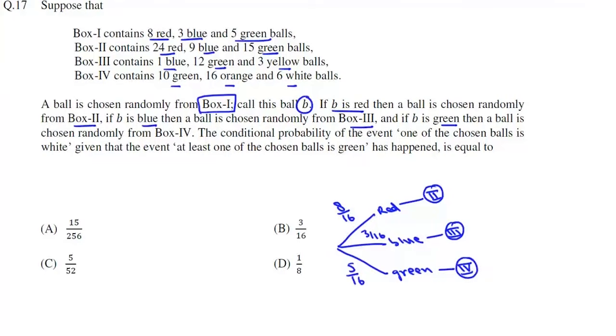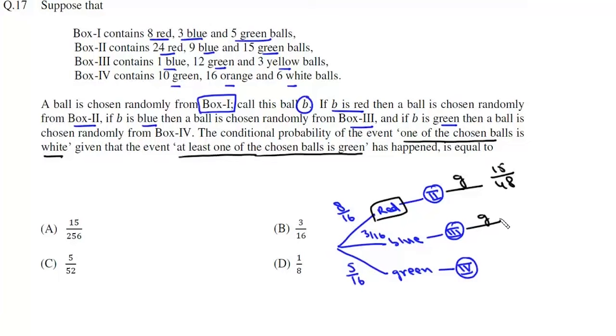Now it says we have to find the conditional probability of the event that one of the chosen balls is white given that at least one of the chosen balls is green. So this event must happen. That means at least one of the chosen balls is green. Now here if it is red, then from the second box we must get a green ball. From the second box, the probability of getting a green ball is 15 by 48. In the same way, from the third box, we have to get a green ball, and from the third, getting green is 12 by 16.